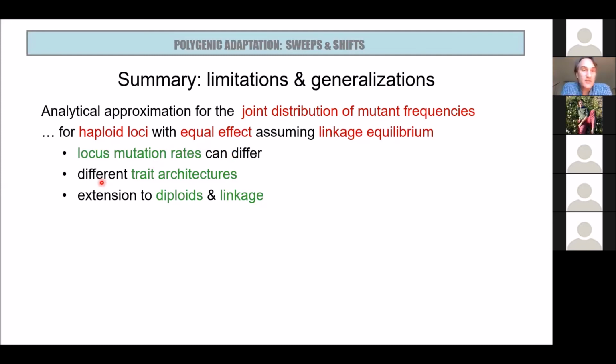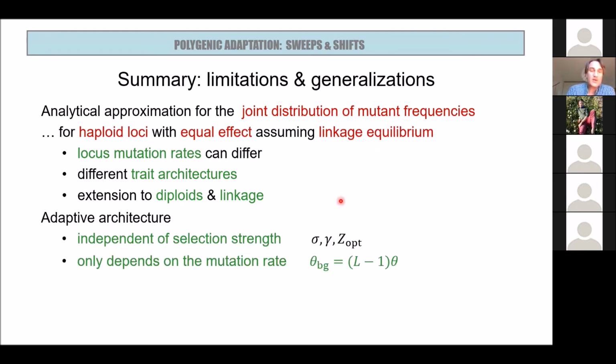We can treat different trait architectures, so we don't necessarily need to have this stabilizing selection with a shift in the optimum. We can describe almost any variant of initial directional selection. And we can also extend the theory to diploids and also to include linkage. So this assumption of linkage equilibrium really is not an important one.